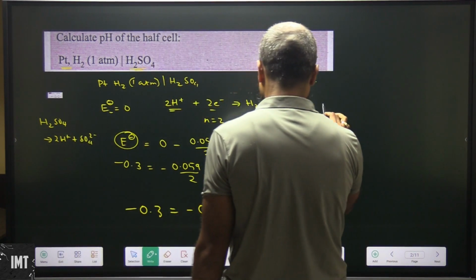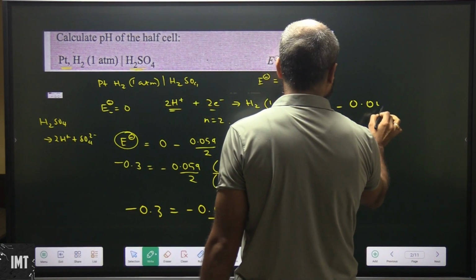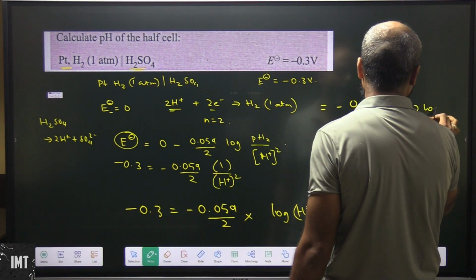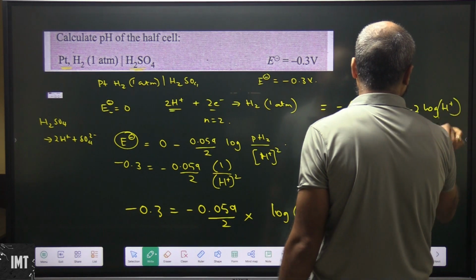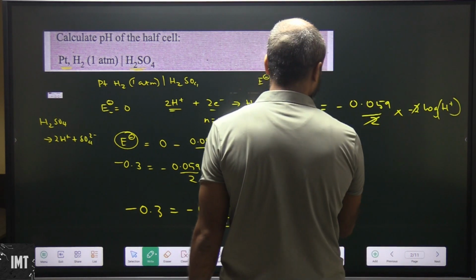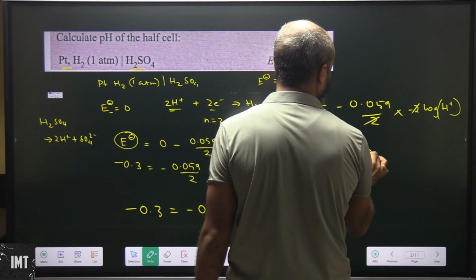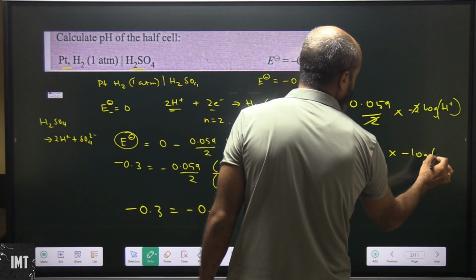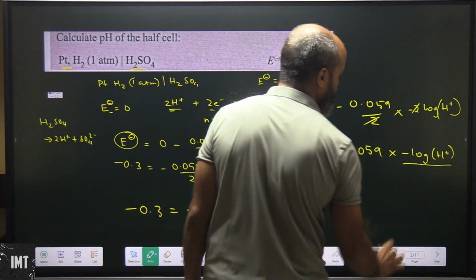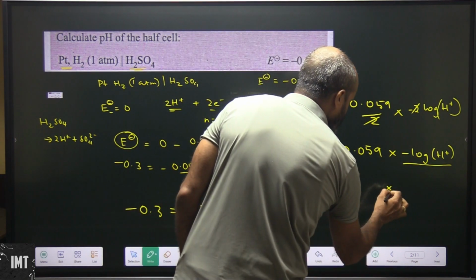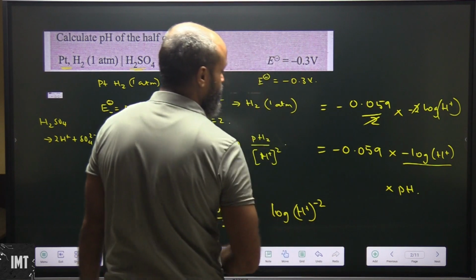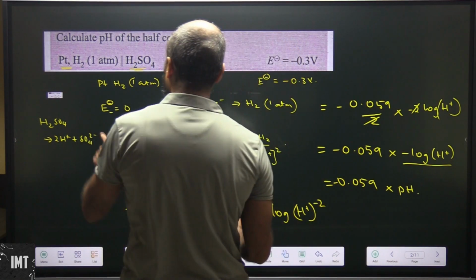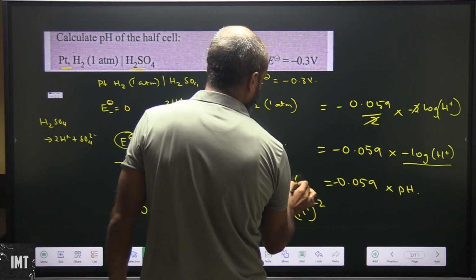That is minus 0.059 by 2 into minus 2 log of H+. This and this get cancelled, so this will be minus 0.059 into minus log H+. Now minus log H+ is nothing but pH.